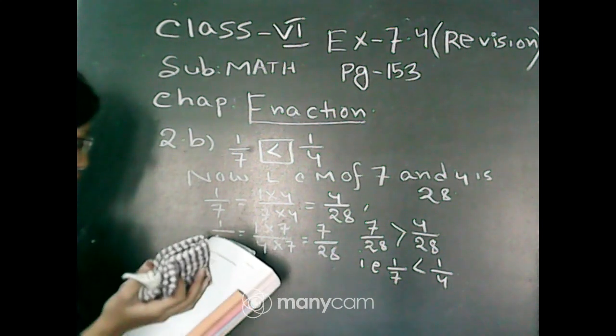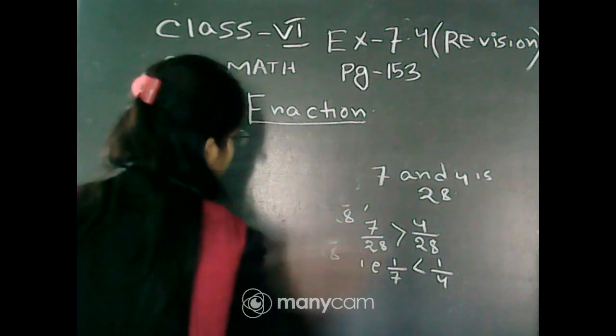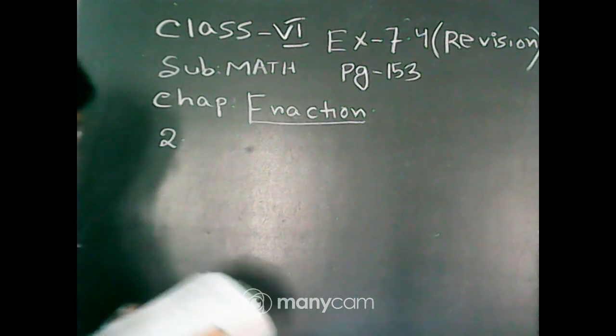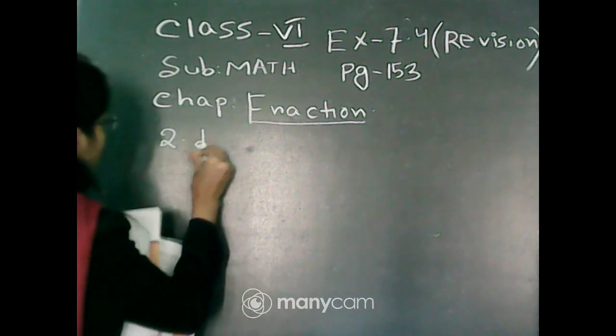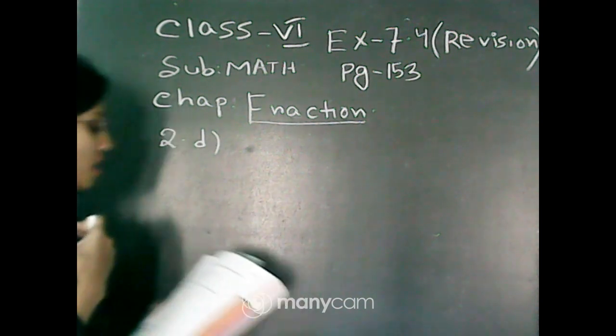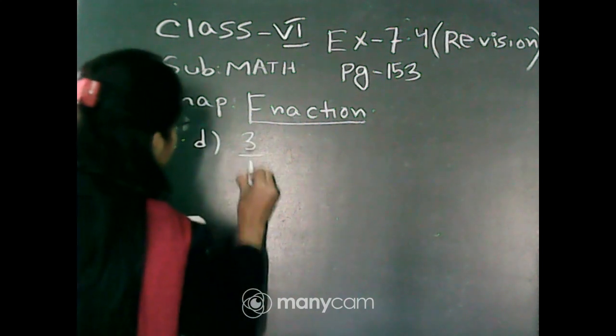Next, question 2D. We have to decide is 3 by 5 greater than or less than or equal to 3 by 7.